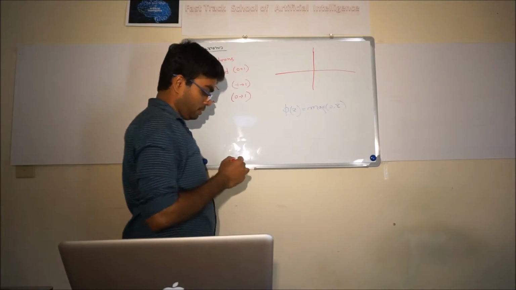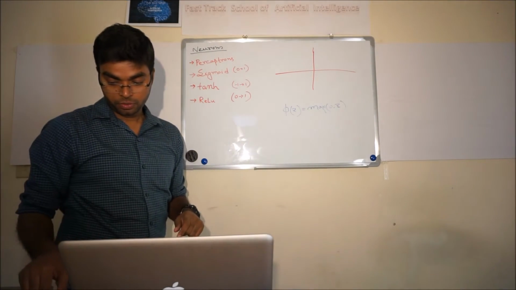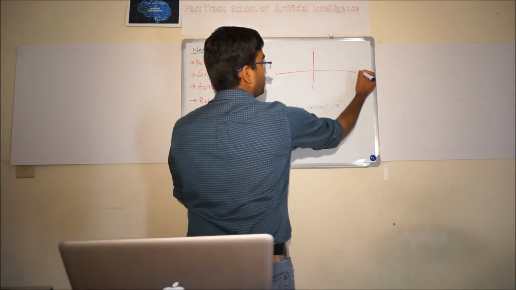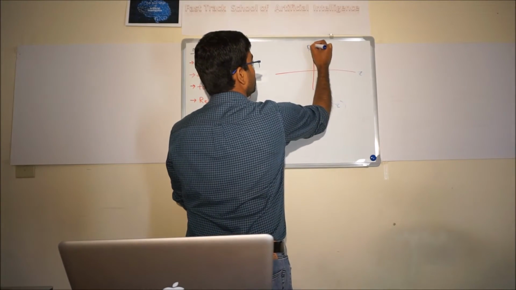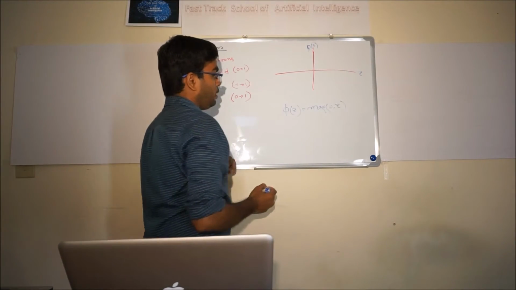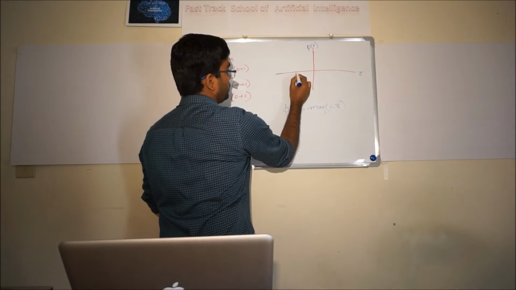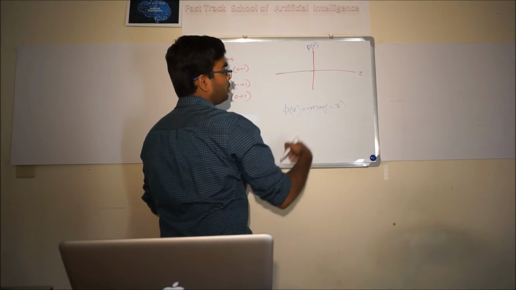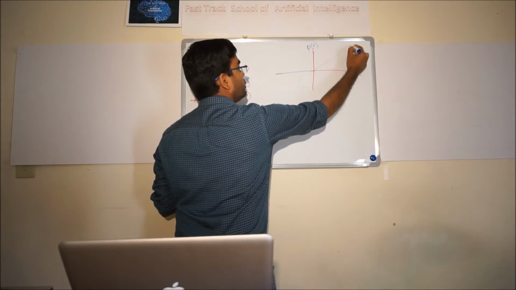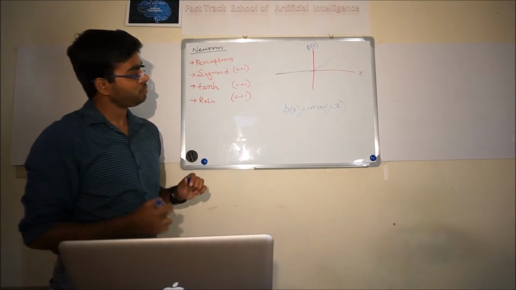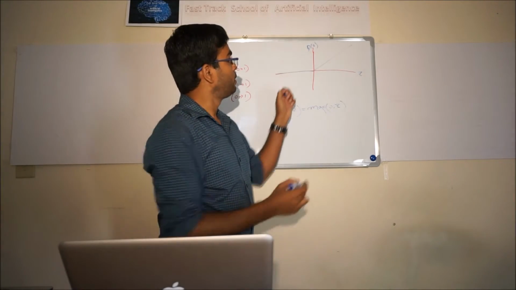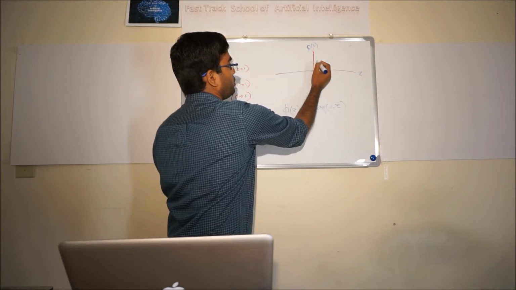Okay, so this is z. To implement these equations, the value would be something like this. It is going till 0 and then this. Okay, and maybe this is 1.